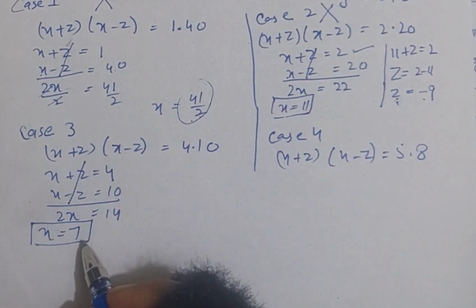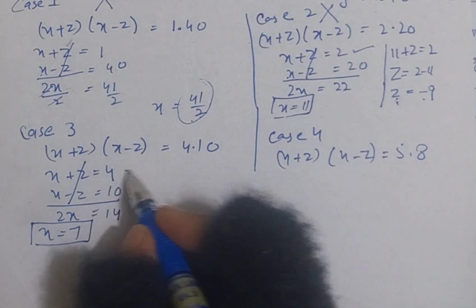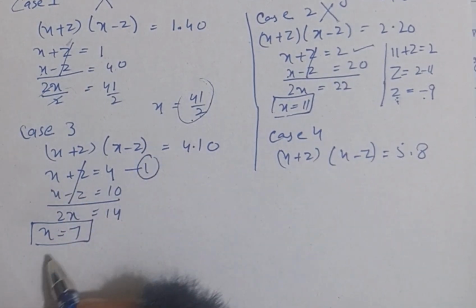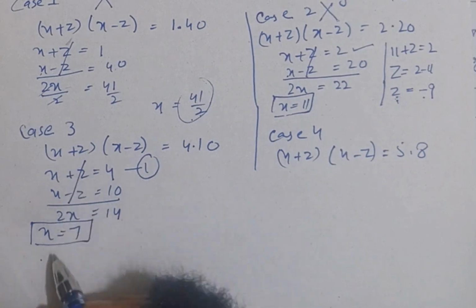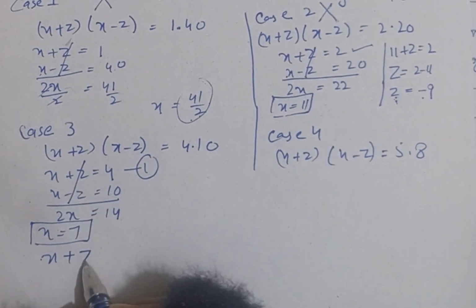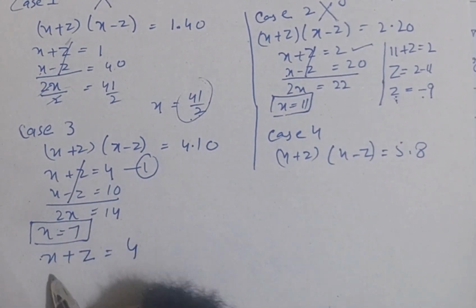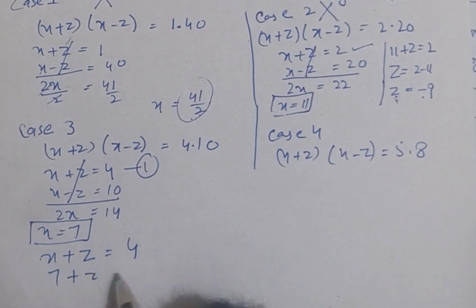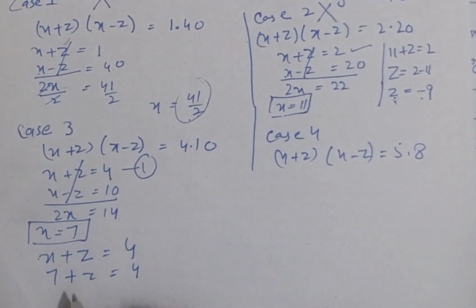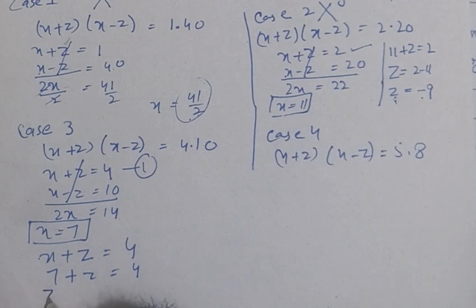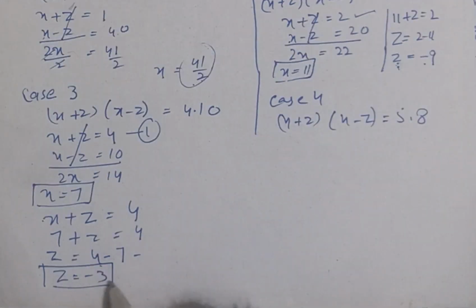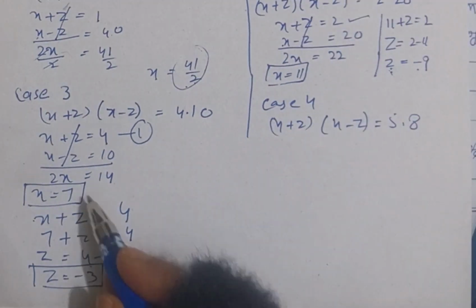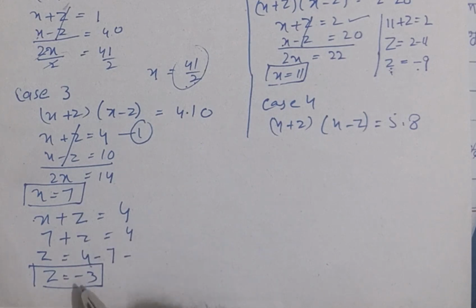If we put the value of x in the equation x plus z is equal to 4, with x as 7, so 7 plus z is equal to 4. If we subtract 7 on both sides, we get z is equal to 4 minus 7, and 4 minus 7 is minus 3. In the next step, we find the value of y.